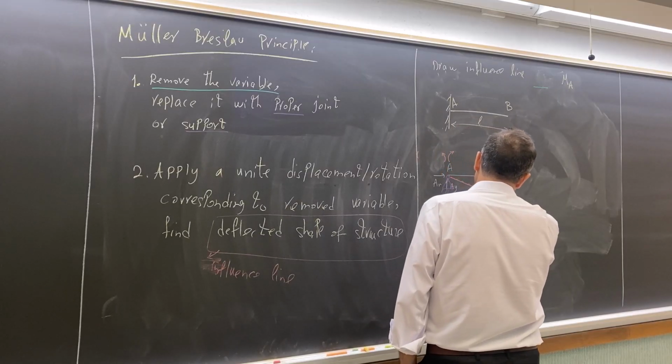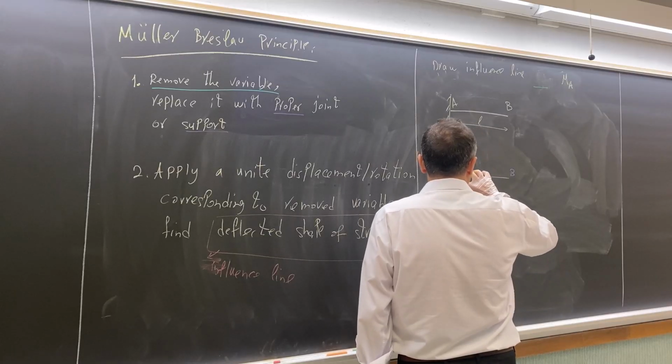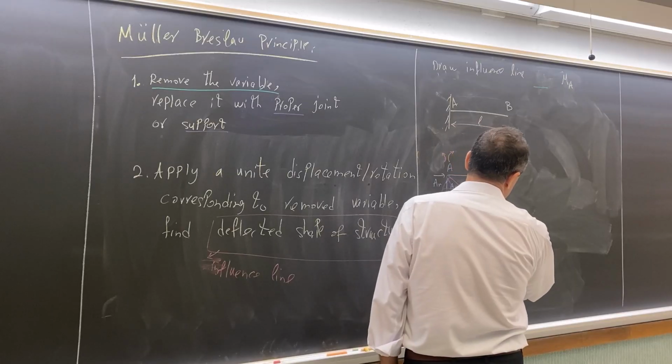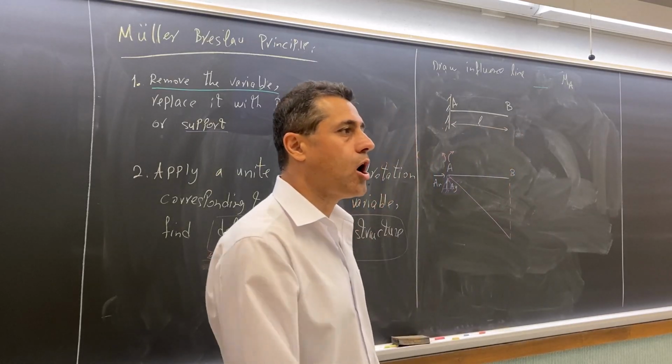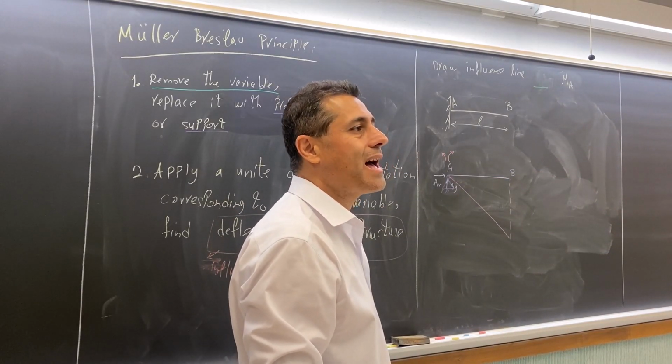So basically, this is the rotation, but I want to draw it better. The red color is the answer. I just rotate it with a unit amount of rotation.